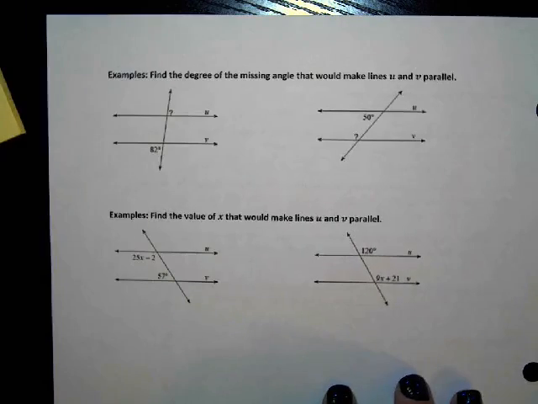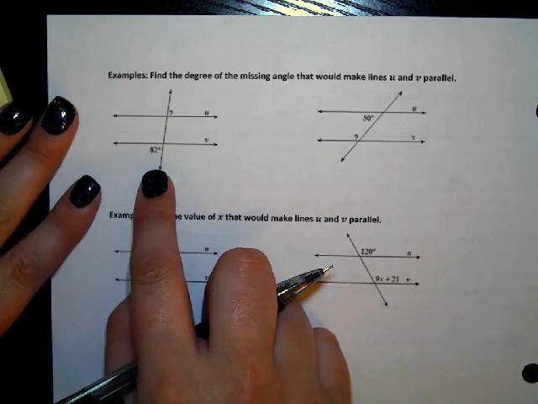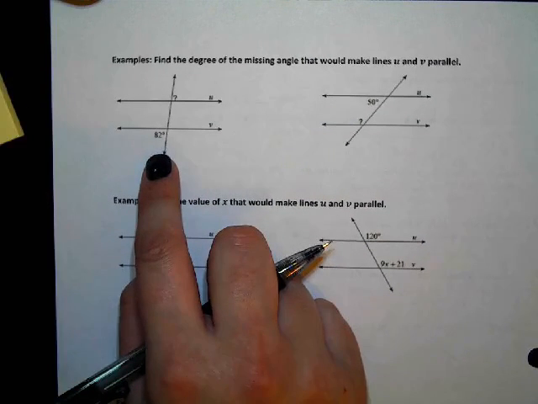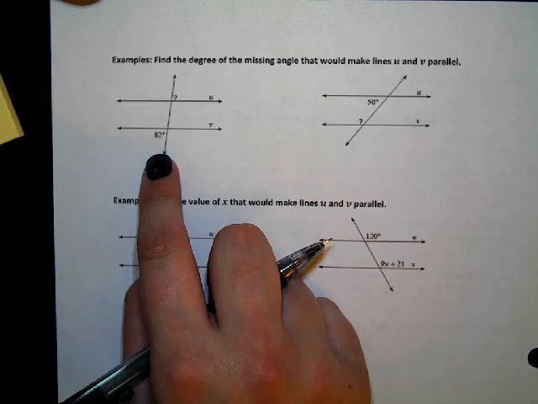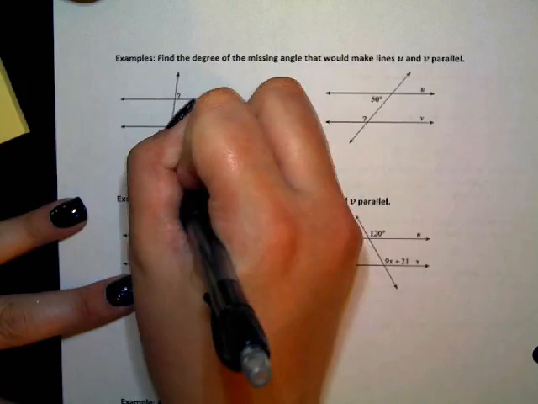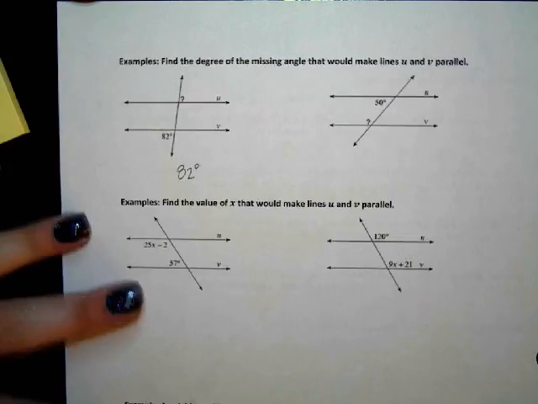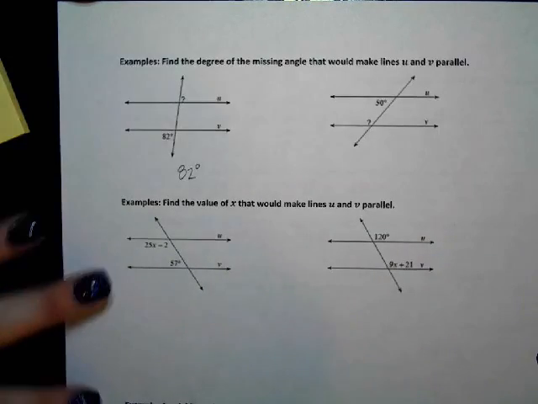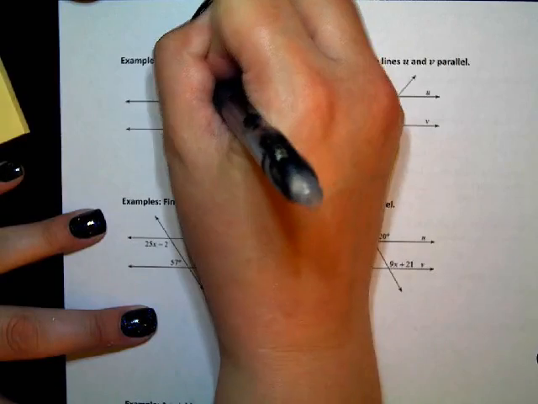It says find the degree of the missing angle that would make the lines parallel. So first one, what is the degree of the missing angle? 82. And what would be the reason there? What would make the lines parallel? Converse of alternate exterior.